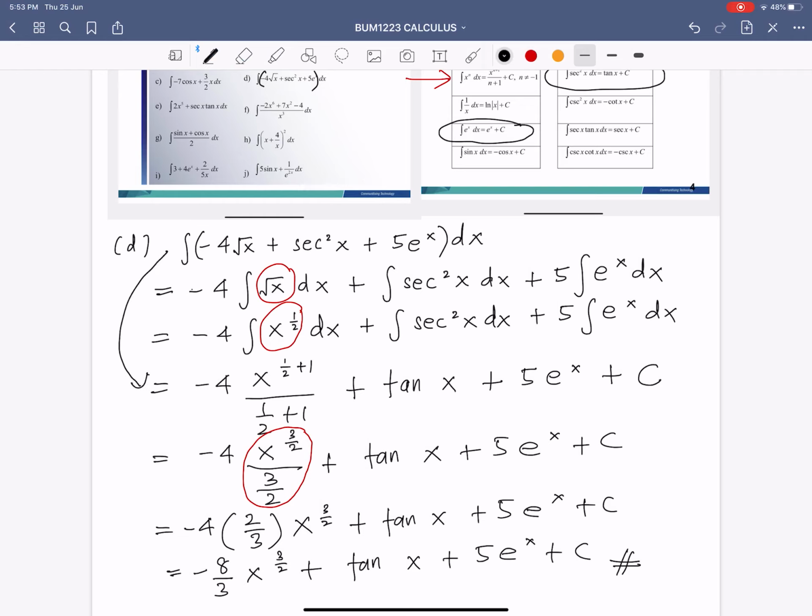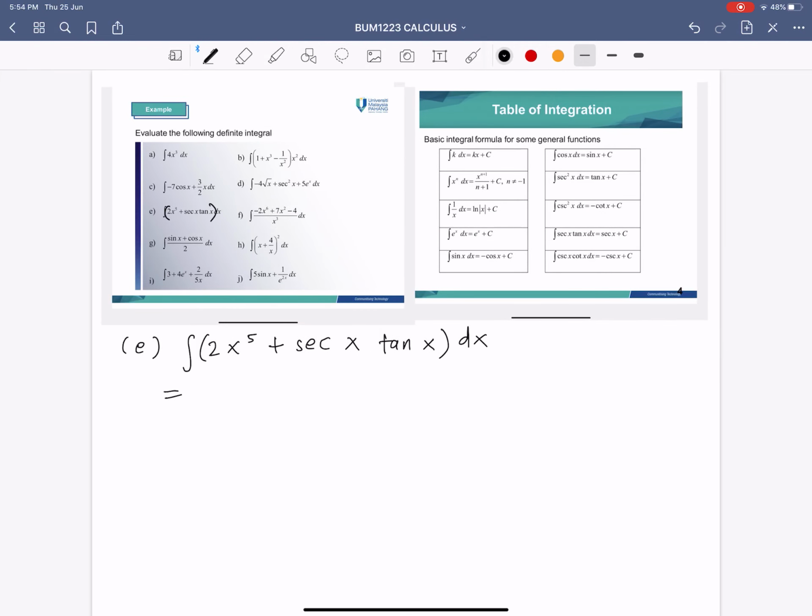If you're good enough, no problem. But maybe you want to rewrite this first as x power of 1 over 2. But as I said, if you are already good enough, then you can jump, no problem, because there is no mark for this and this. We will consider this one. Okay.